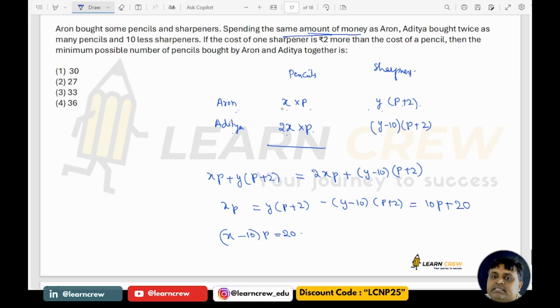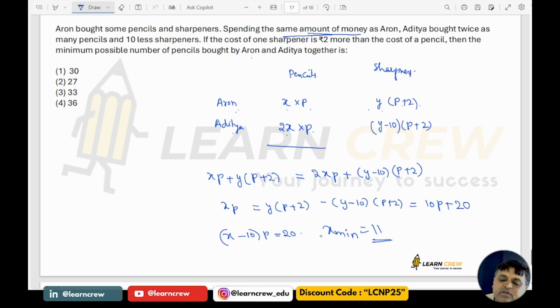Now, what is X here? X is the number of pencils Aaron has purchased. Then the minimum possible number of pencils bought by Aaron and Aditya together. So what is the minimum possible value of X? It has to be positive only. Minimum possible value of X is 11.